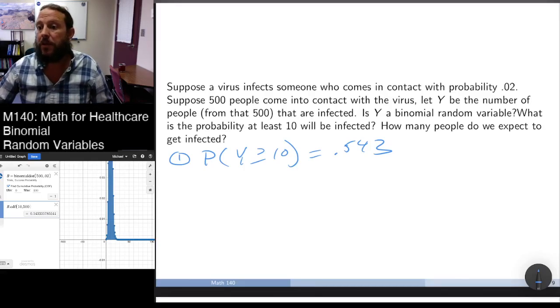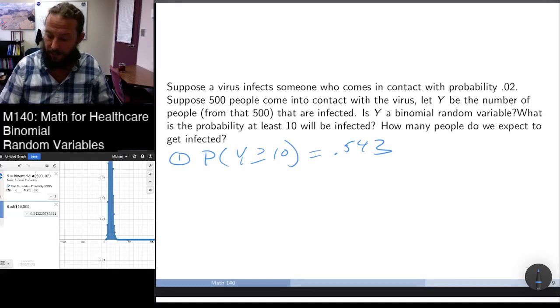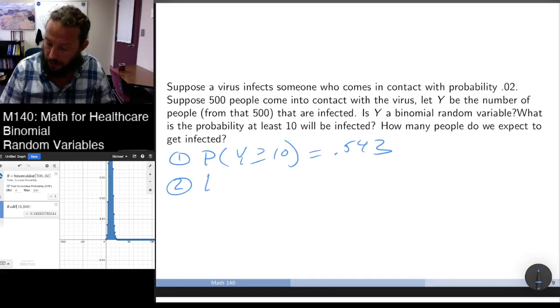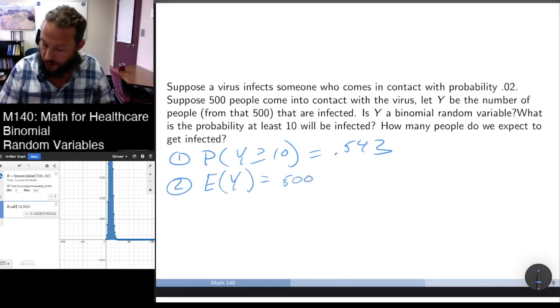Now how many people do we expect to get infected? We don't really need Desmos there. We're looking for the expected value of Y, which is the number of trials, 500, times the probability of success, 0.02.